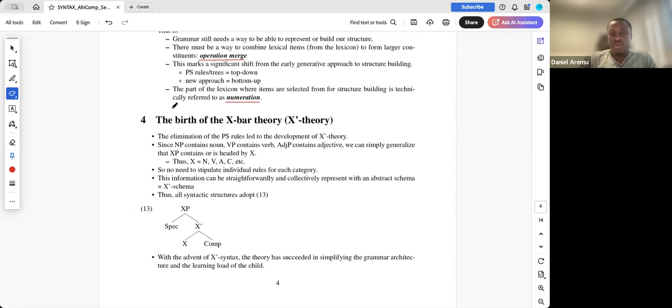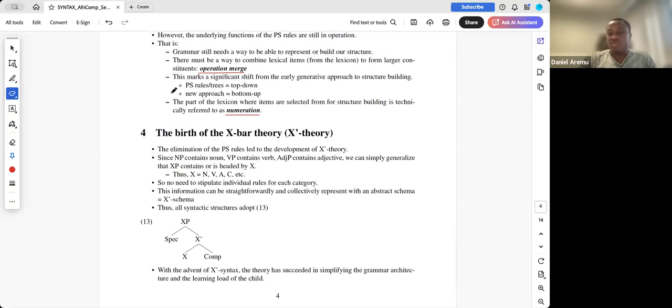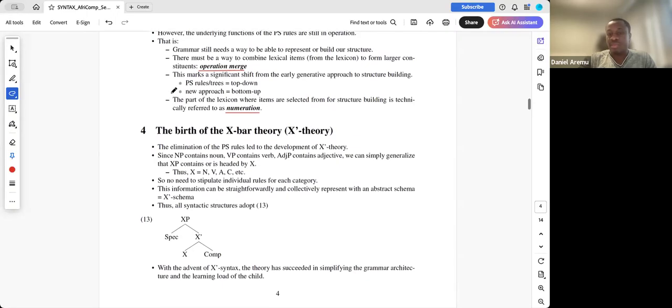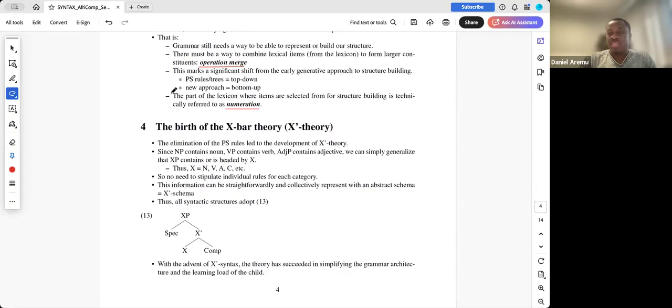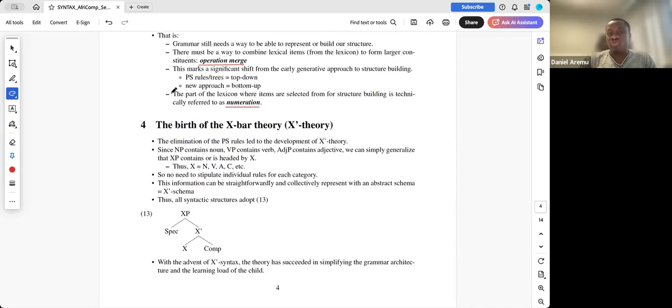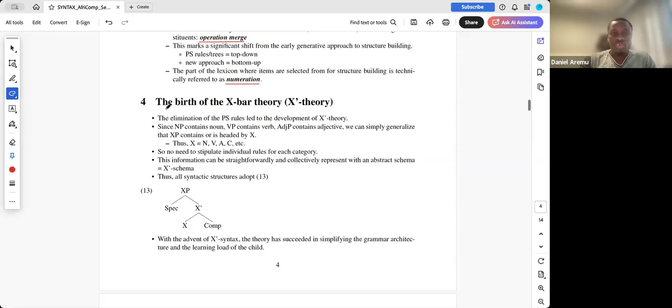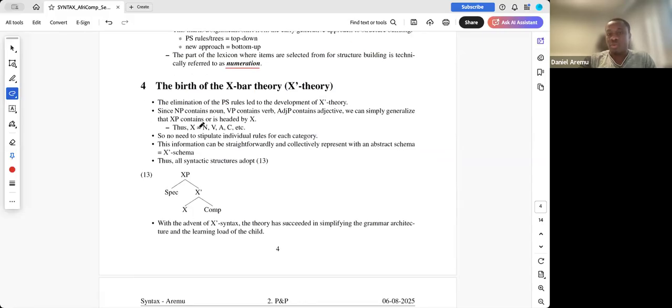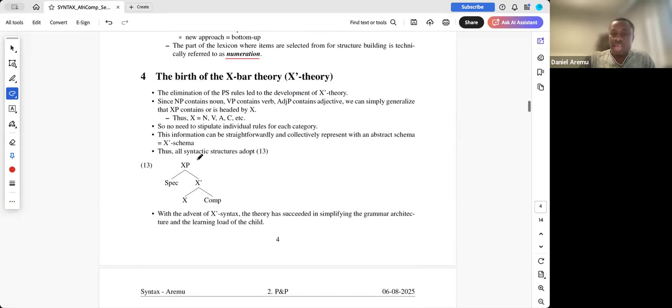And remember, because of the redundancy of PS rules, we want to eliminate them. In order to eliminate them, we still need a way to build our structure, and that is one of the motivations for X-bar theory. So we want to take out the redundancy of PS rules, and to do that we propose another approach that can still represent the internal structure of a language. Just a side note: at the end of the day, you will see that even X-bar theory also became redundant.